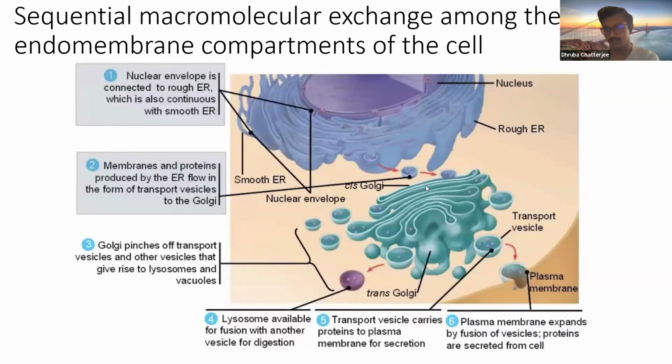And in between the cis Golgi and trans Golgi, the membranous sacs that are present are called the medial Golgi. So the Golgi consists of the cis Golgi, medial Golgi, and trans Golgi in a direction which starts from near the nucleus and goes away from the nucleus, that is towards the plasma membrane.